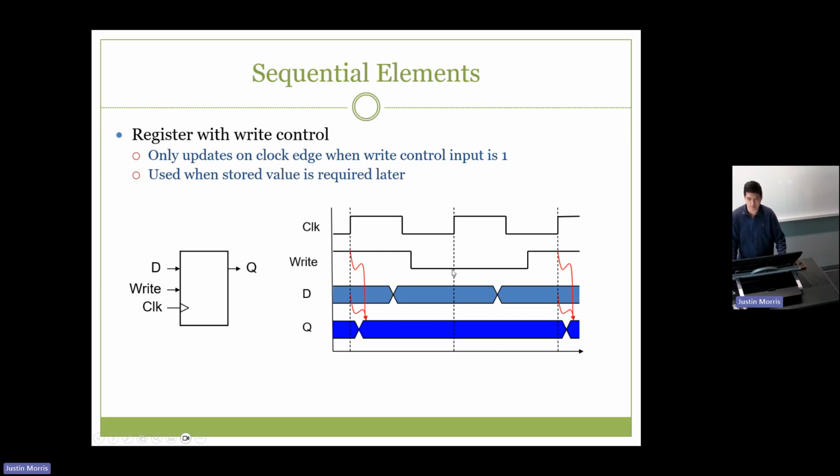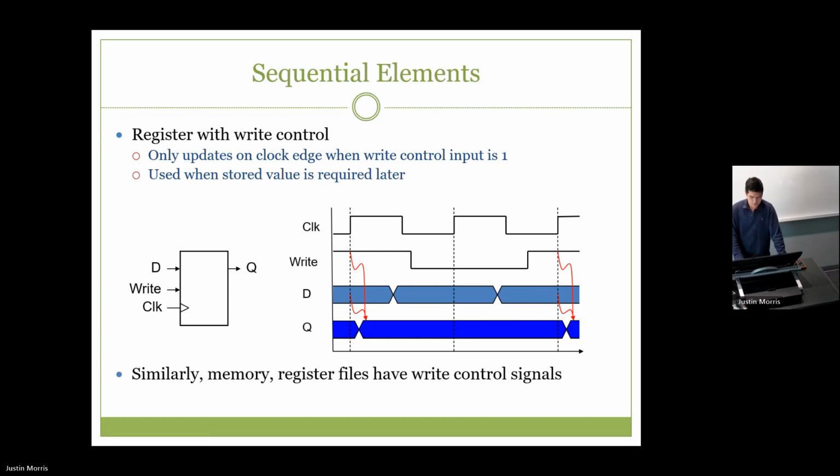So we're not going to update Q based on D. Even though D changed here, Q stays the same. Q doesn't change. Then on the next one, write is 1. So this update is written. Similar to the register file, memory is also going to have this write control.